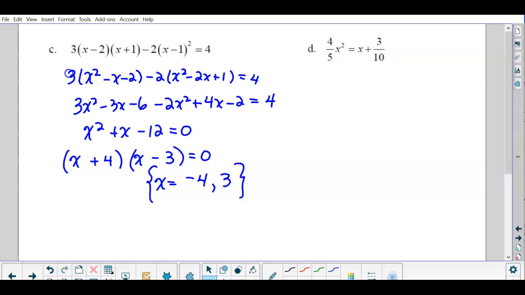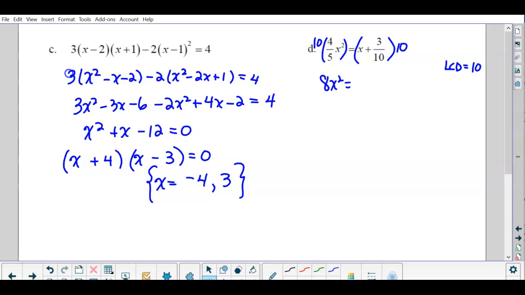Okay. Here, so this one, because of the fractions in terms of factoring, it'd be hard right now, I find. So I'm going to multiply through, this is like back in Math 10 with rationals, multiply through by the lowest common denominator, which is 10 in this case. So 40 divided by 5 is 8x squared.